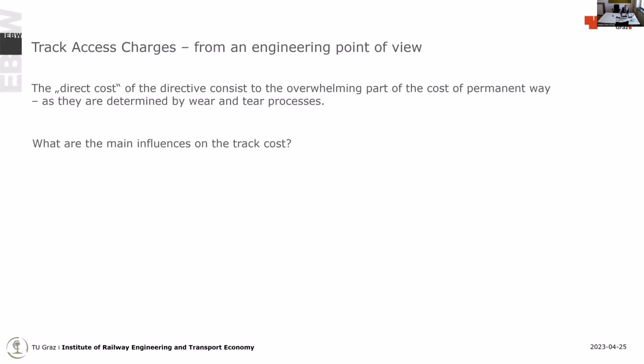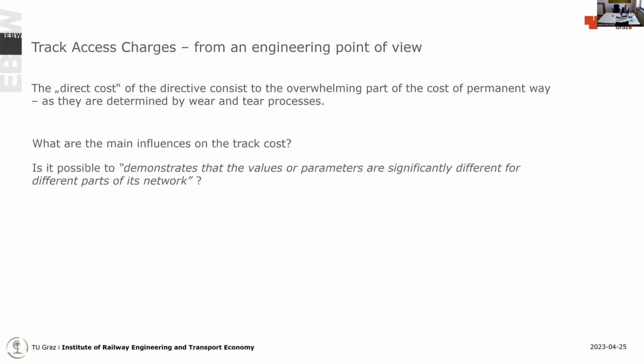There is a variety of aspects that trigger track costs, of course, but I would only choose the technical aspects. There is one sentence in the regulation that says, is it possible to demonstrate that the values or parameters are significantly different for different parts of its network?